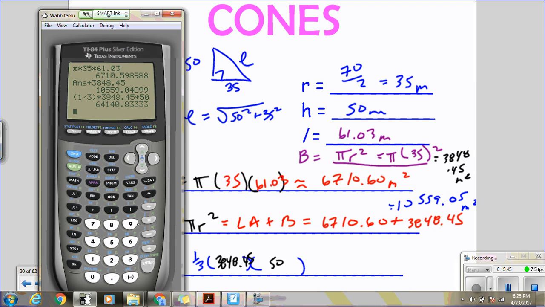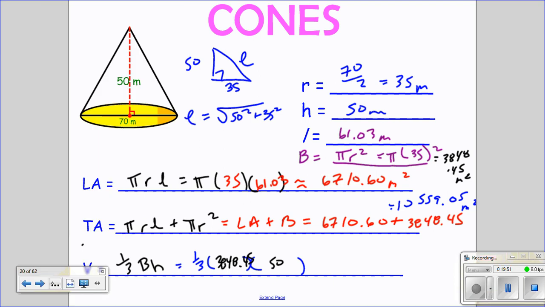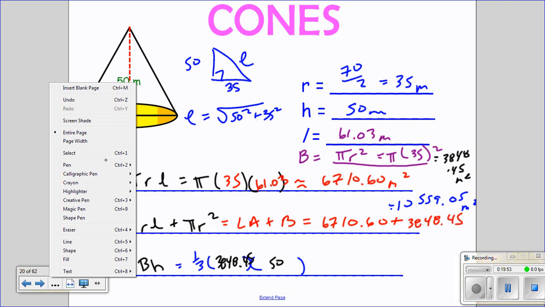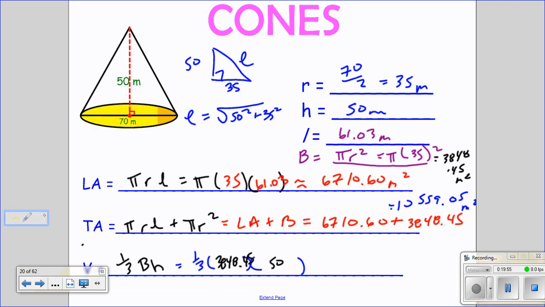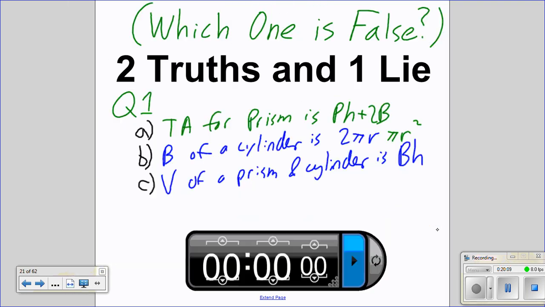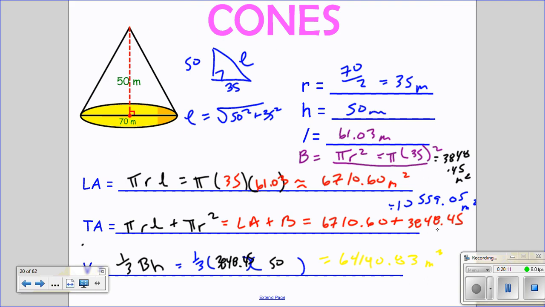Alrighty, 64,140.83 meters cubed. All right, so this concludes our notes for this lesson.